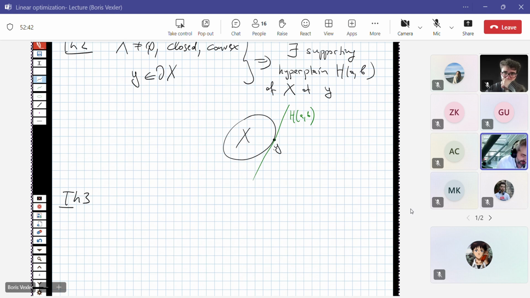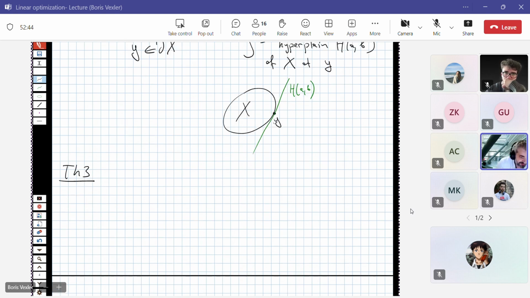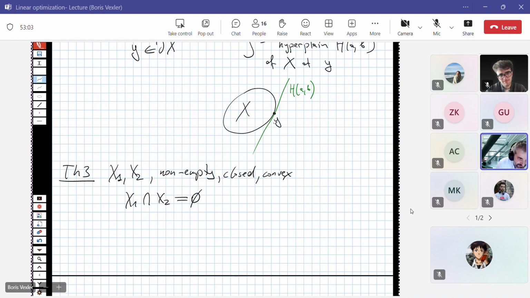Then the third theorem we proved was the following. We had two sets, X1 and X2, non-empty, closed, and convex. We assumed that the intersection of these sets is empty. And we assumed that at least one of the sets, let's say X1, is bounded.